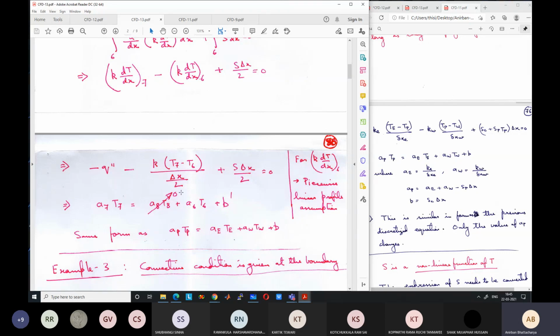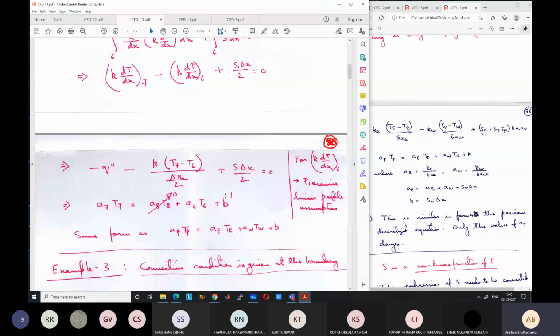Only T7 and T6 terms are there. Q double dash is a known term, S is a known term, so we incorporate Q double dash together with S delta x by 2 in the B dash term. It is of the same form as AP TP equal to AE TE plus AW TW plus B, and this will also be part of the solution equations.